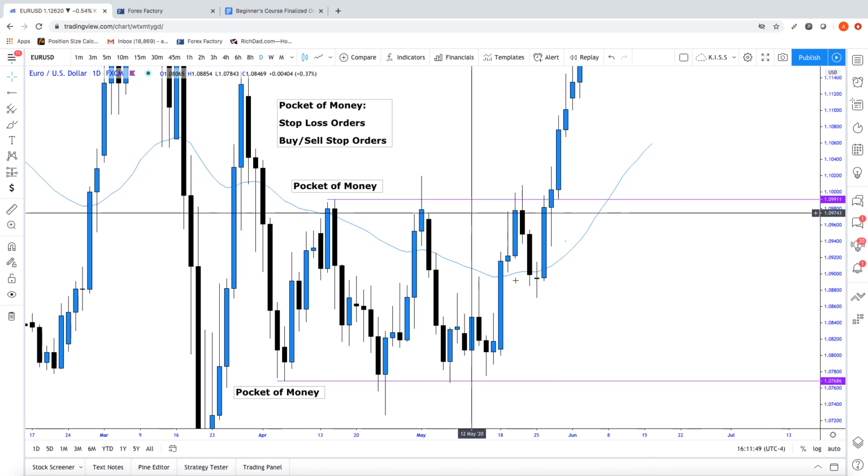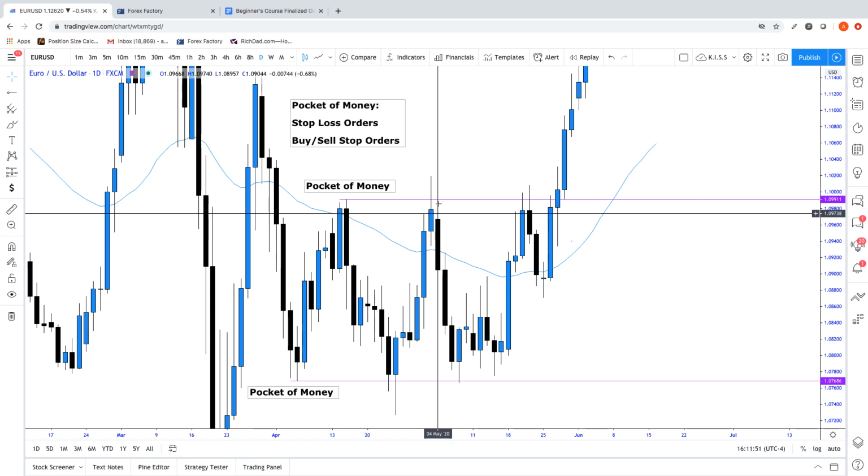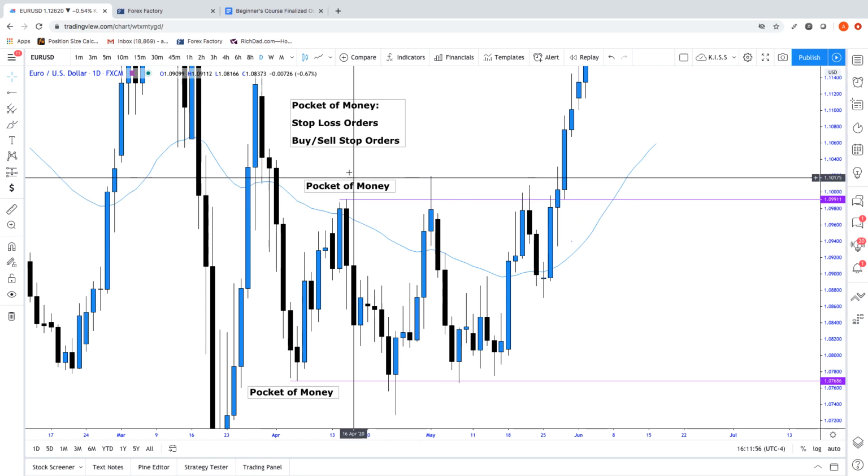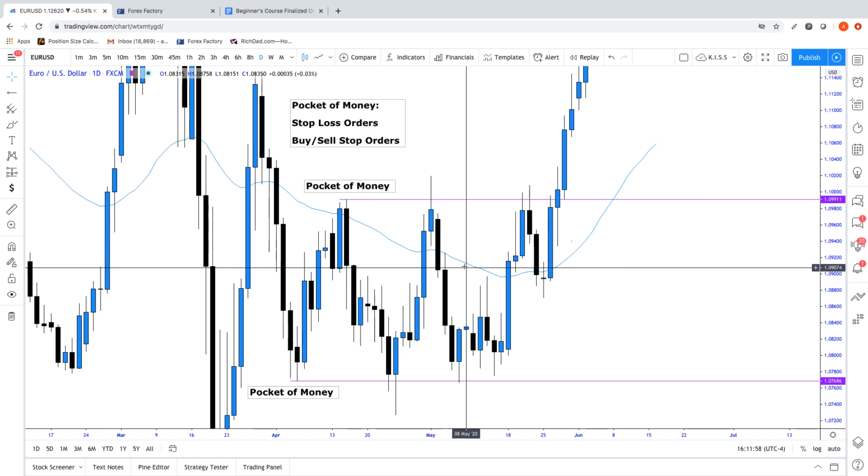When we see price trade past and into the pocket of money, what does that mean?